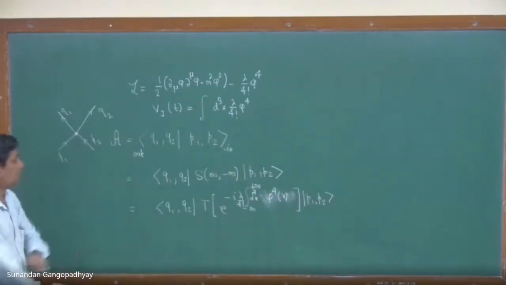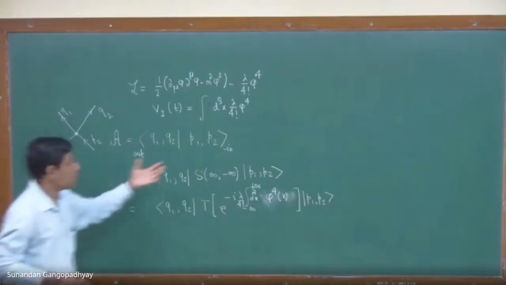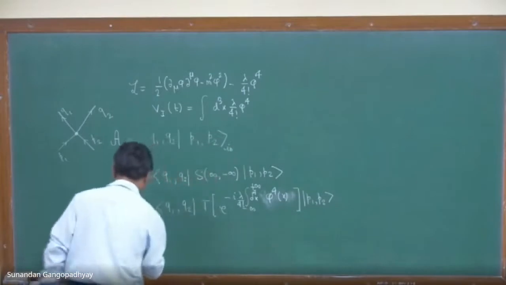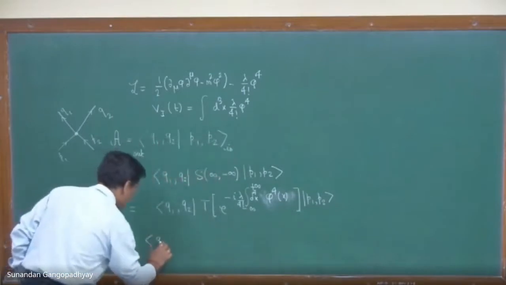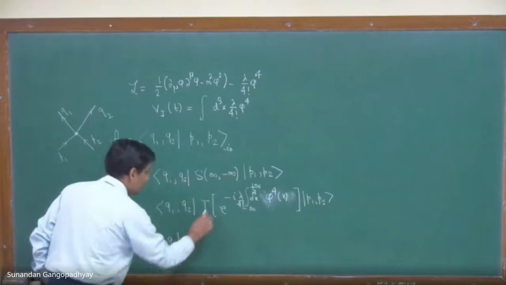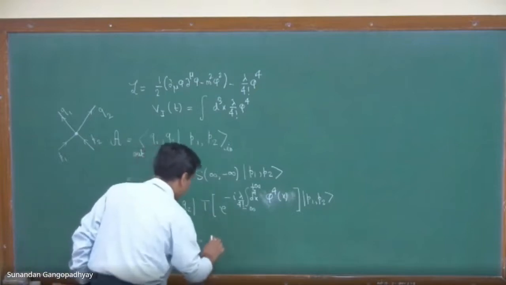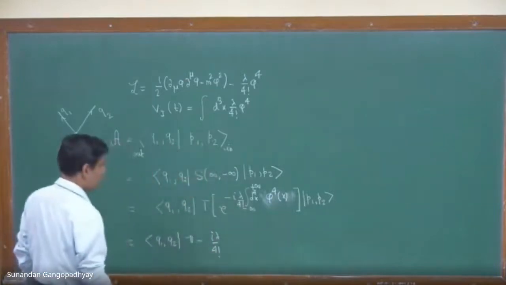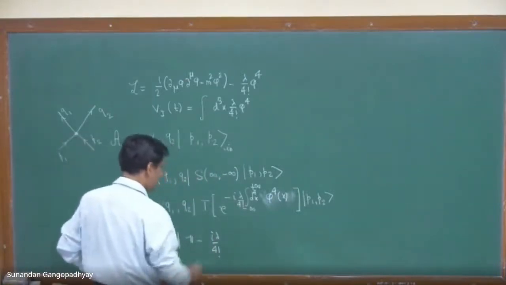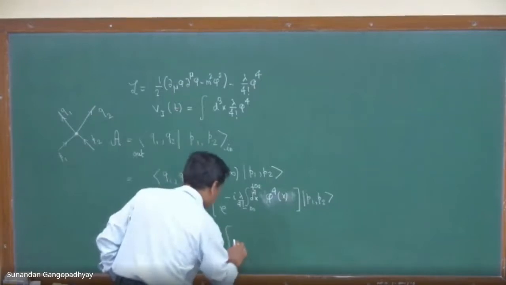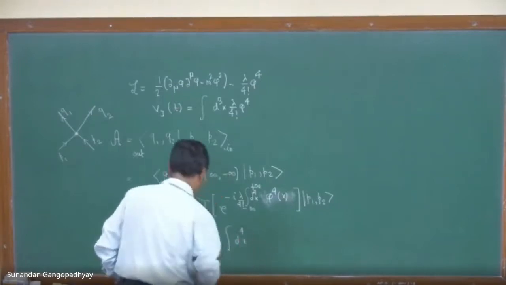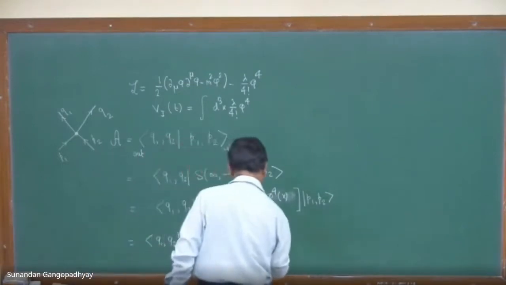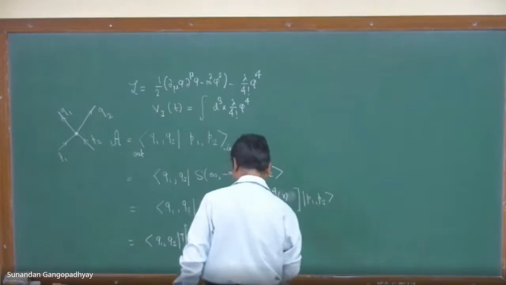So this is the scattering amplitude for the scattering of two particles. And now you can expand this. First term is identity. Second term, let me write in this form, d^4x, keeping the time ordering outside, phi^4(x).